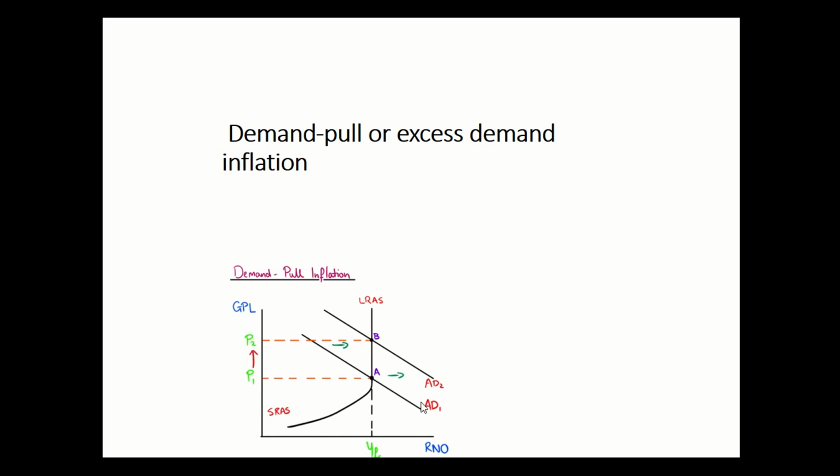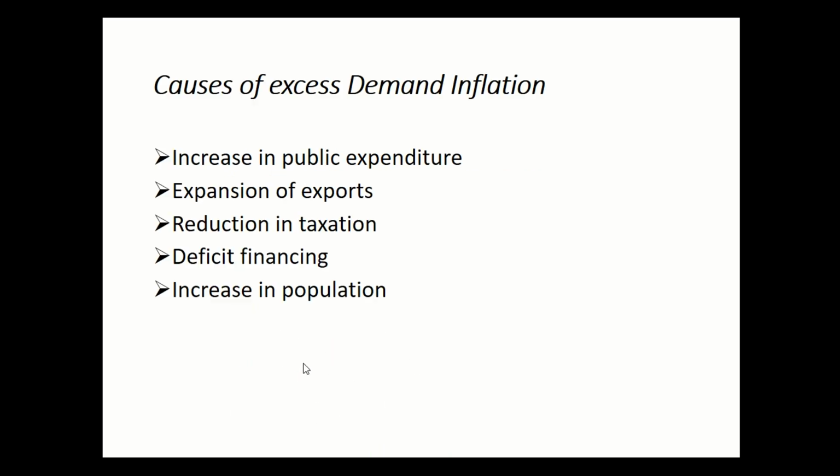The increase in aggregate demand from aggregate demand 1 at point A up to aggregate demand 2 at point B will cause an increase in price level from price level 1 up to price level 2, as it is shown here in the graph.